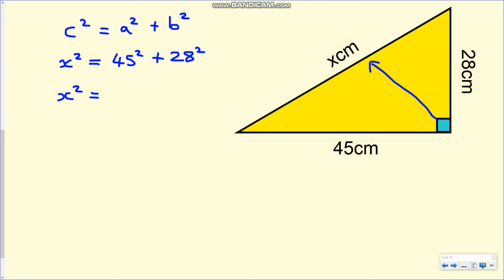Okay, so using a calculator, 45 squared is equal to 2025. And 28 squared, 28 times 28, is equal to 784.